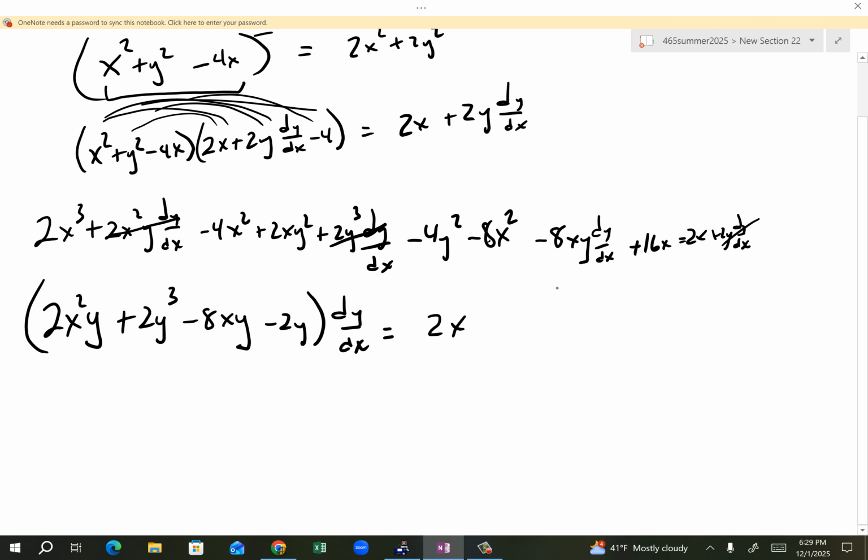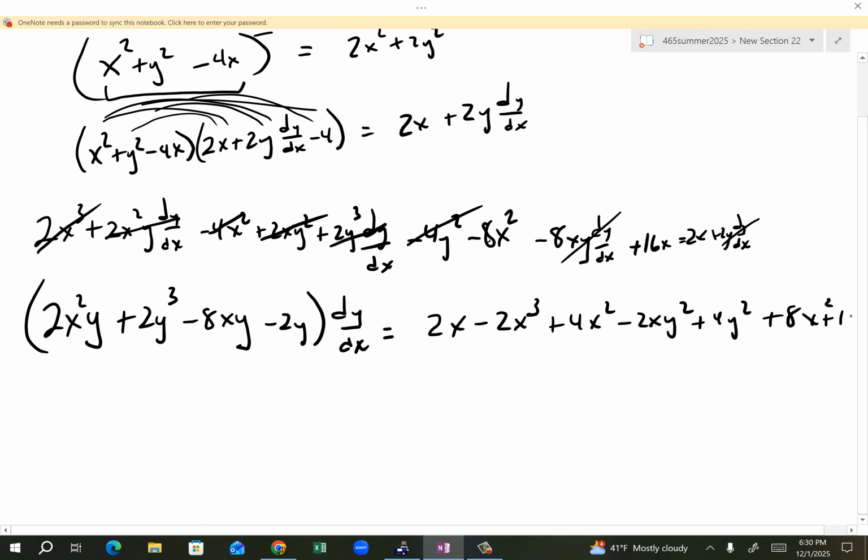Anyway, so if I do that, I get 2x minus 2x cubed plus 4x squared minus 2xy squared plus 4y squared plus 8x squared plus 16x.